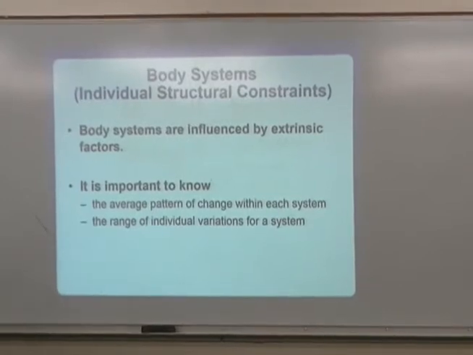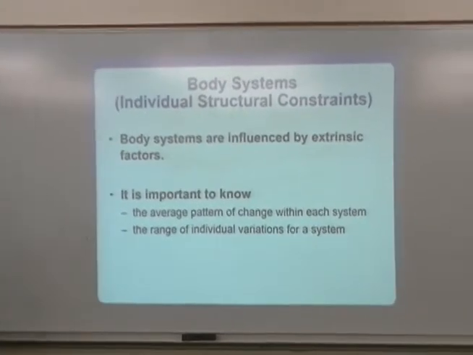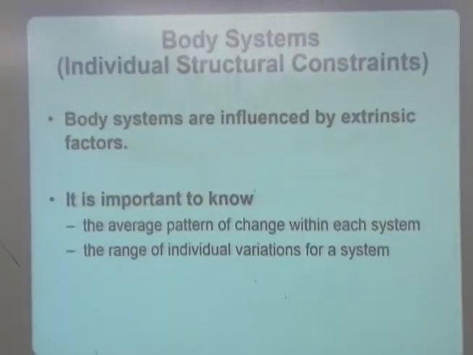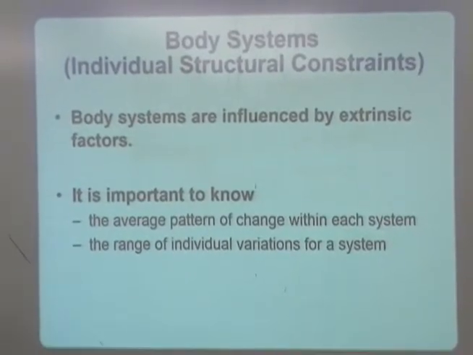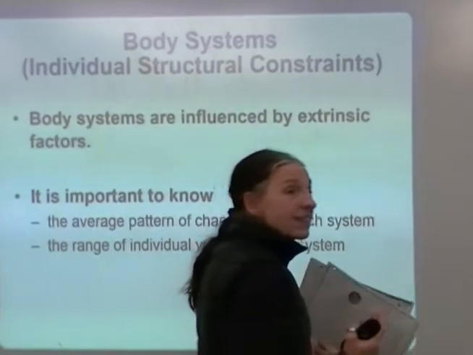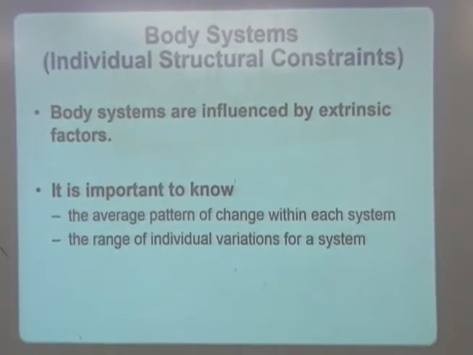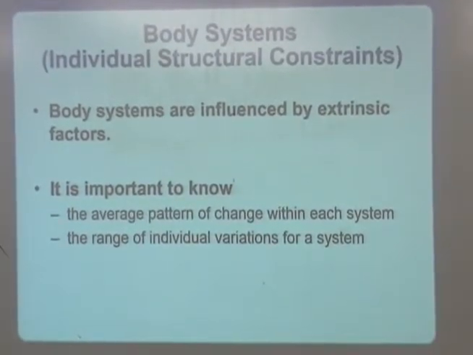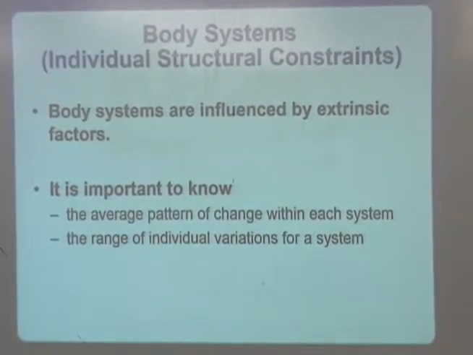So again, what we're interested in is what's average, what is typical, right? So that we can recognize a child who's developing typically, and we can also identify someone who is doing something that's a little odd, right?